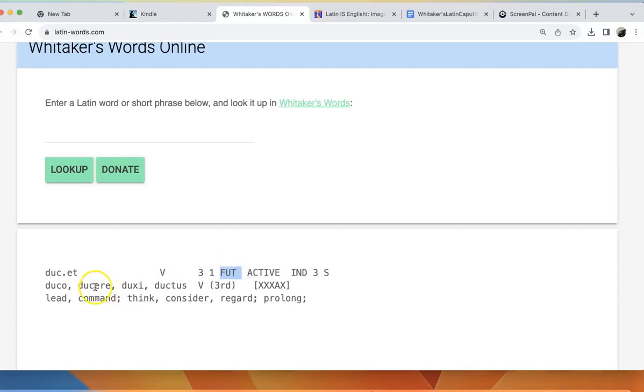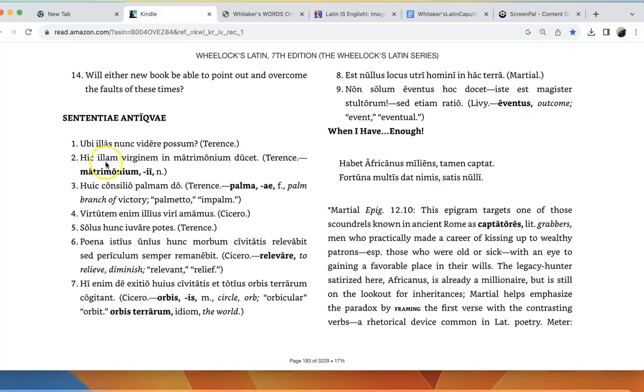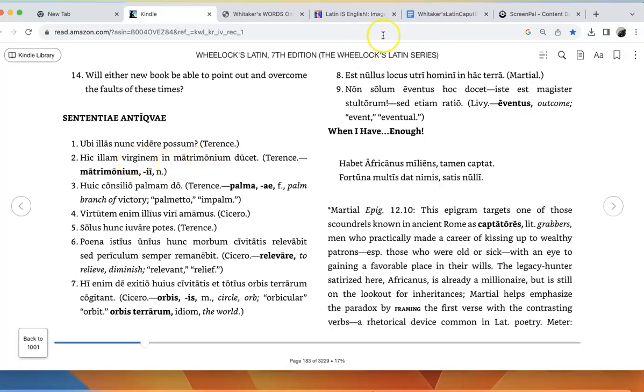Rather, it uses the letter E, and hence we have et here. So we're going to translate that as will lead. So we put it all together: this man, because it's masculine, will lead that girl into matrimony. In other words, they're getting married.